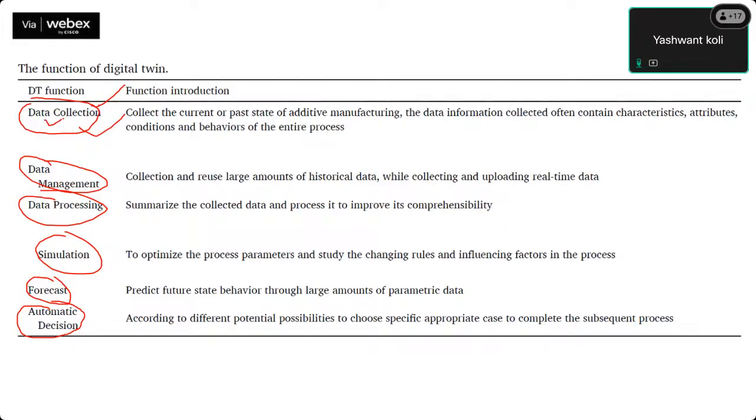As the data is collected, we have to manage it. WAM generates a large volume of design, process, post processing and quality data. Only selected and reusable data improves WAM efficiency. It's not that WAM gives only one or two or 10 or 20 data; it's a large volume, 100 data sets can be measured by one component of WAM.